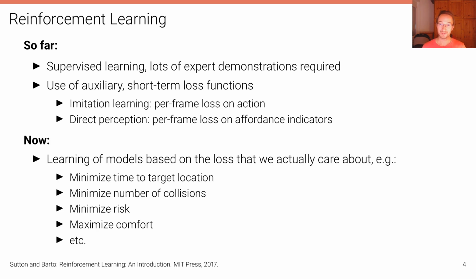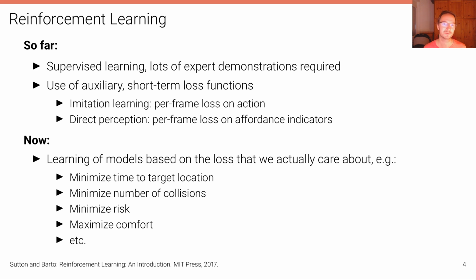Now, what we're going to consider in this lecture is different. Here, we're not going to try to mimic an expert. Instead, we're going to try to learn models based on the loss that we actually care about through exploration and exploitation and interaction with the environment. And these loss functions are very different from the standard loss functions like the L1 loss on the steering angle that we've considered for imitation learning. These loss functions are much more general.